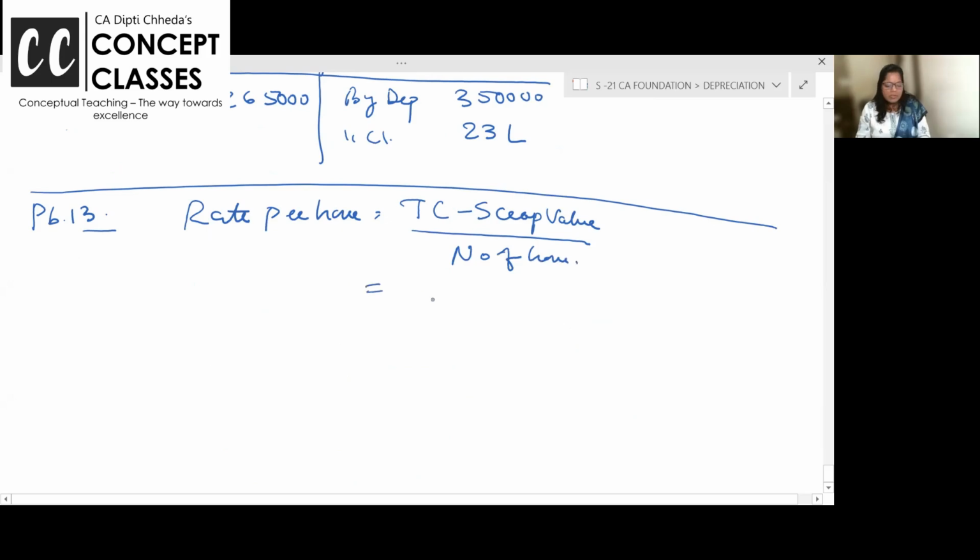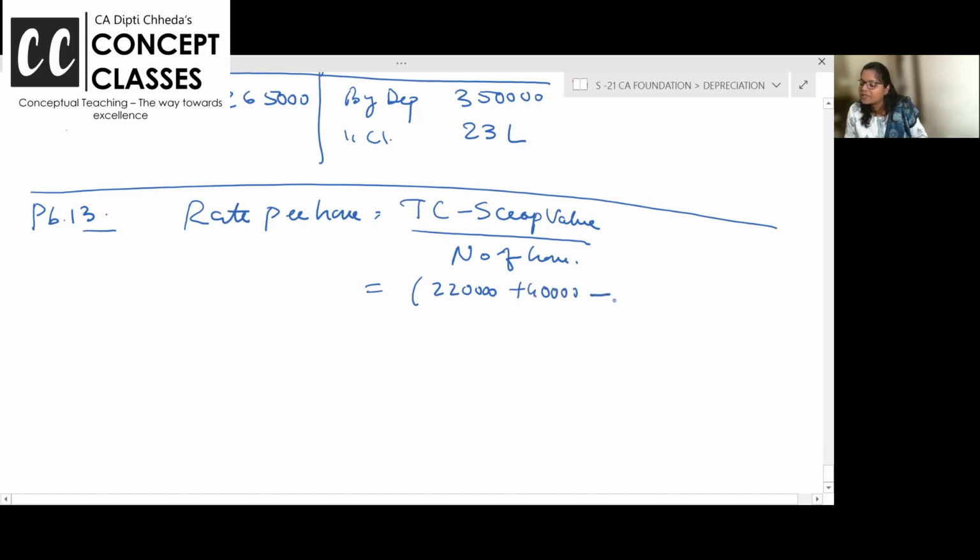What is total cost? You have purchased it for 2,20,000, but you have incurred 40,000 expense on it.